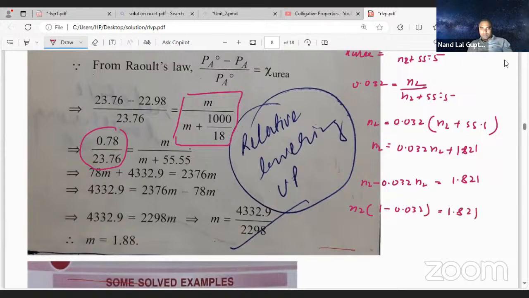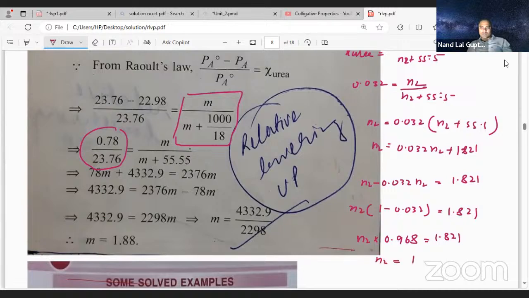So it is 1 minus 0.032. So here is N2 into 0.968 is equal to 1.821.